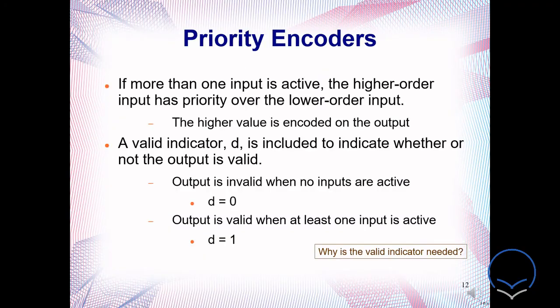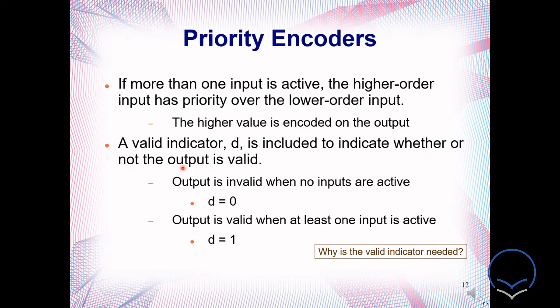Priority encoder. We'll find the answer to the previous question here. If more than one input is active, the higher order input has priority over the lower order input. So this is the answer. The higher value is encoded on the output. A valid indicator G is encoded to indicate whether or not the output is valid.